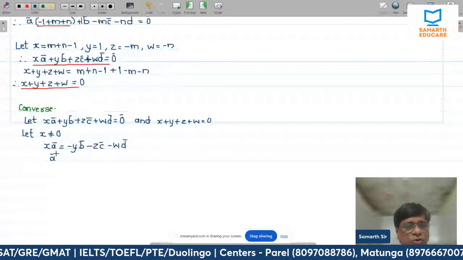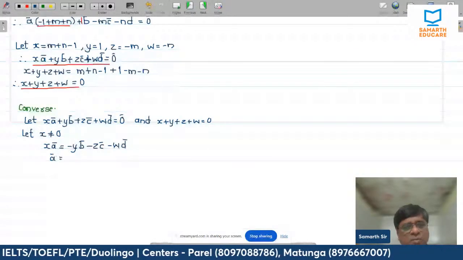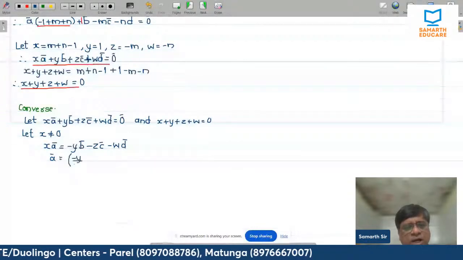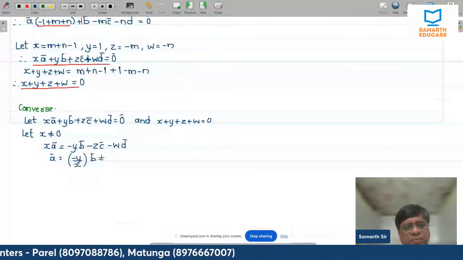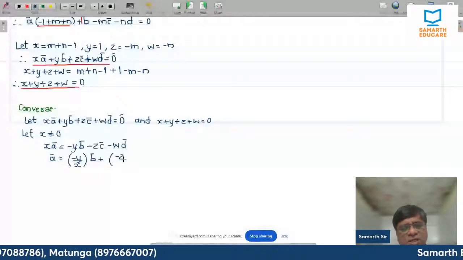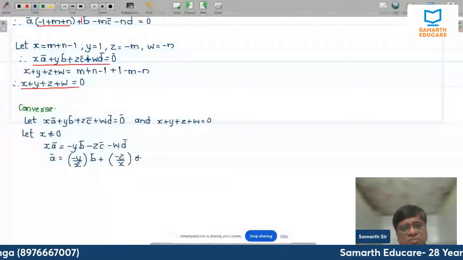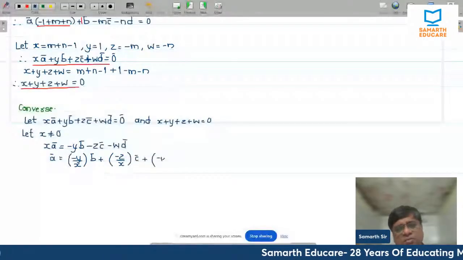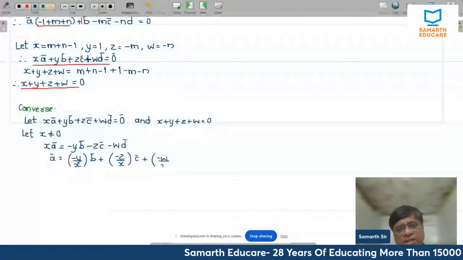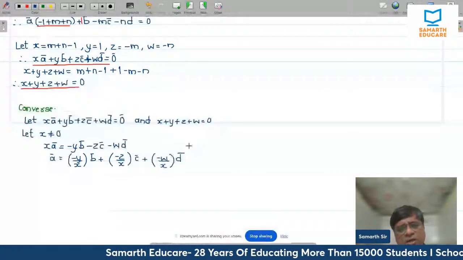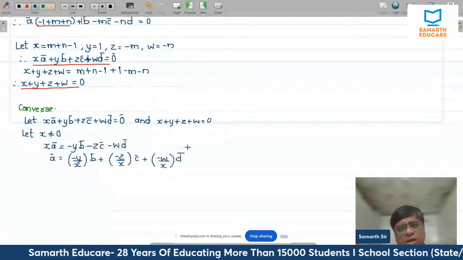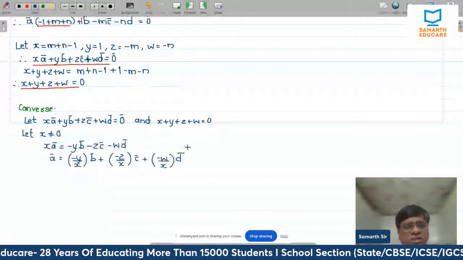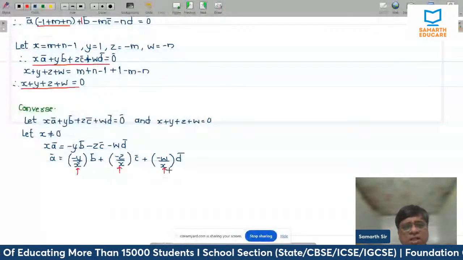So, dividing by x, this becomes minus y upon x b bar plus minus z upon x c bar plus minus w upon x d bar. Can you see? This is one scalar, this is another scalar, this is another scalar, right?